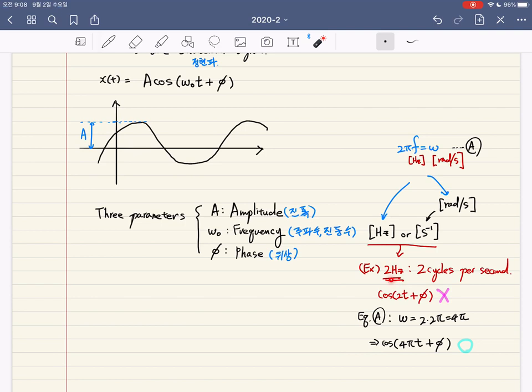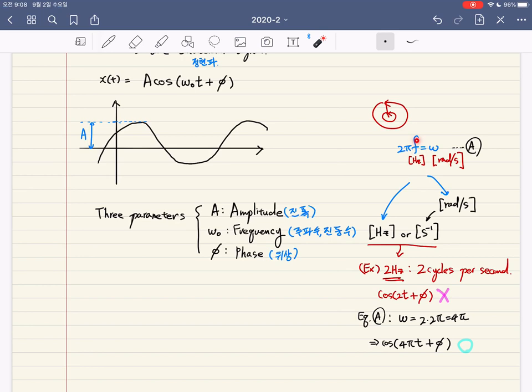So 2 hertz means like 2 cycles per second, and 1 cycle is equivalent to 360 degrees, 1 whole cycle, which is also equal to 2 pi.